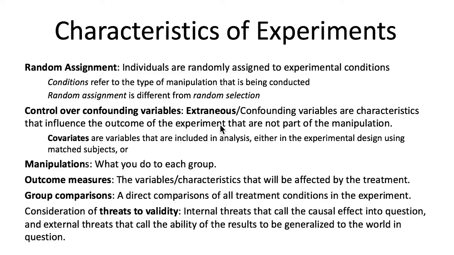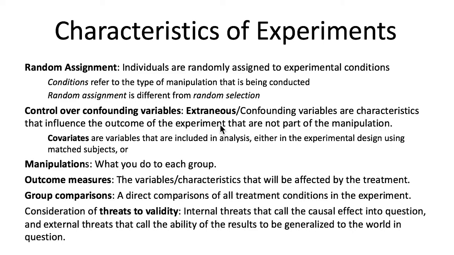I can do this either by designing my research to balance across things like gender and age and propensities towards substance abuse or things like that, or I can keep track of those things statistically and then ultimately add them into any analysis that I do.